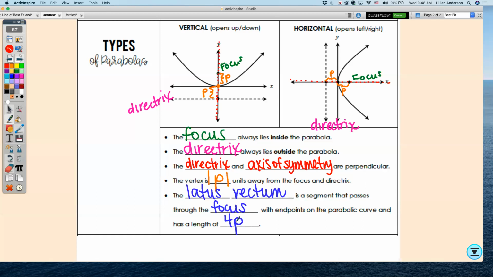It goes through the focus, and its endpoints are on the actual parabola. So essentially, see how straight of a horizontal line I can draw here. This will be the latus rectum. It goes through the focus, and its endpoints are actually on the parabola. That is actually what's going to help us draw our parabola, whether it opens up or down, left or right, and essentially how wide it is going to be.